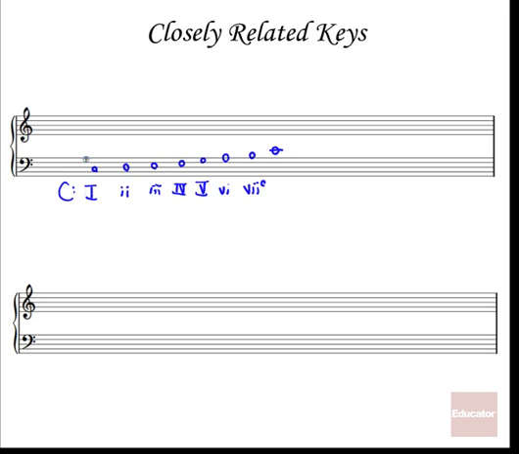So the keys that are closely related to C are basically the major chords in the key. So that gives us 4 and 5. And those keys' relative minors. And of course, the relative minor of C itself.